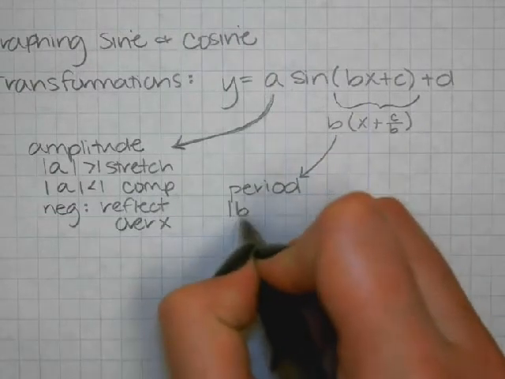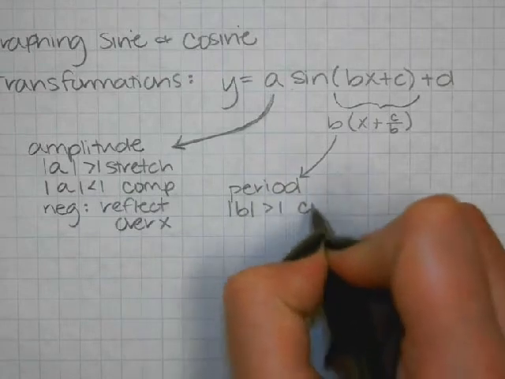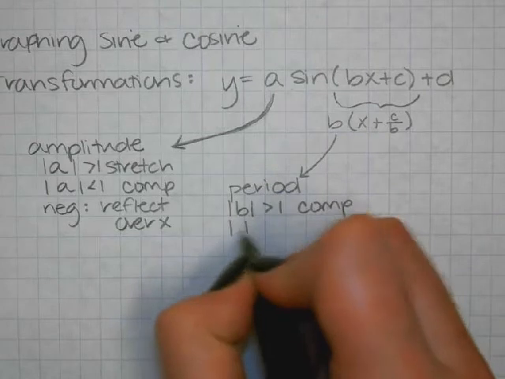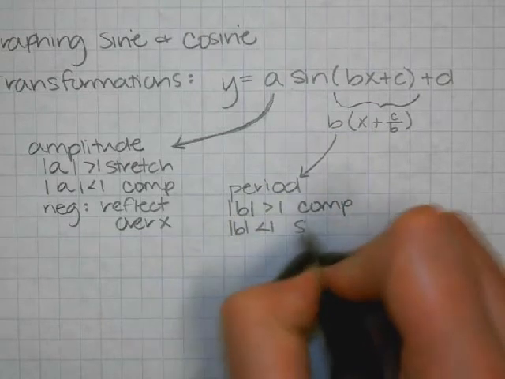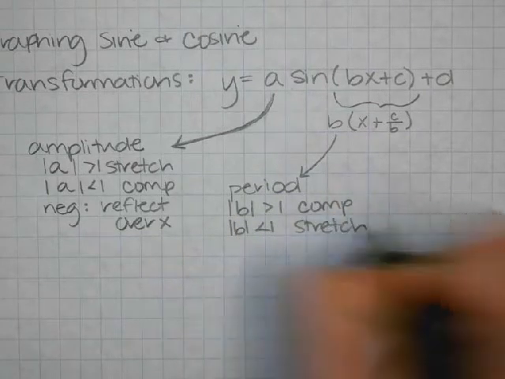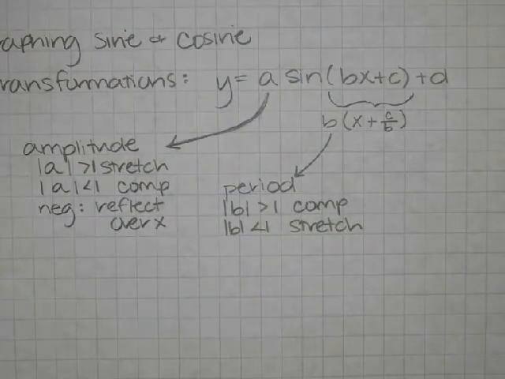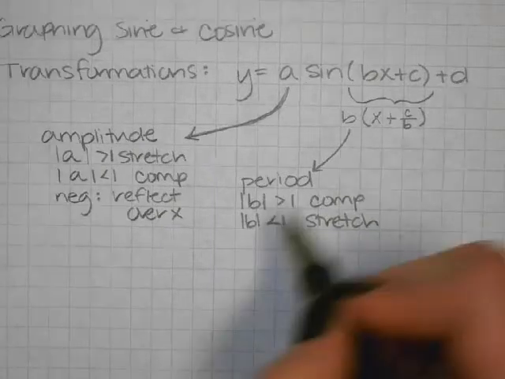So if we have a b value that's greater than 1, it's a compression, because it's the opposite of what we would think. If we have a b value that is less than 1, that means it's a stretch. Right? And here we're not going to talk about reflecting over the y-axis because the graphs are symmetric on either side, and so it's kind of silly to do that, so we don't typically do that.